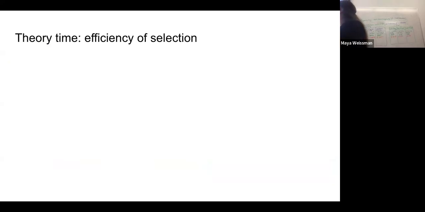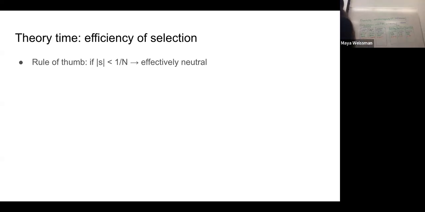Another aspect of theory to keep in mind when you're parameterizing your simulations is the efficiency of selection. In general, the rule of thumb is that selection cannot see mutations that have a selection coefficient that is too close to 0. And we can use population size to figure out what that boundary is.